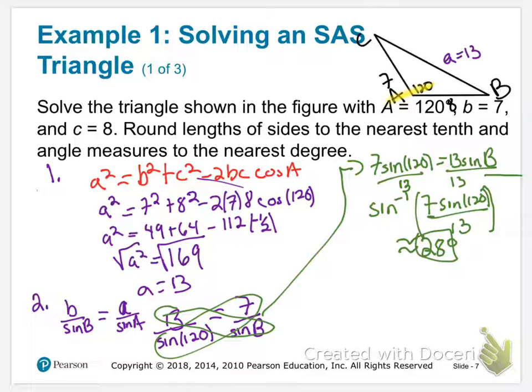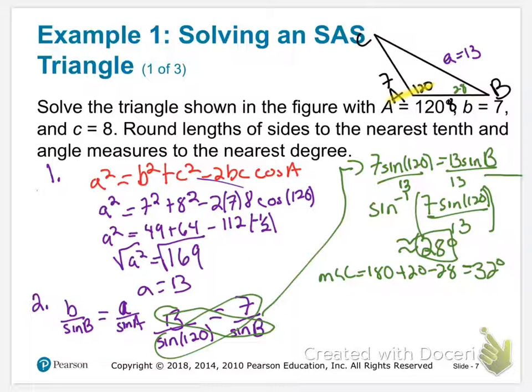I'll go up here, put it in for B, 28. To find this missing angle C, measure of angle C is 180 minus 120 minus 28, which gives me 32 degrees.